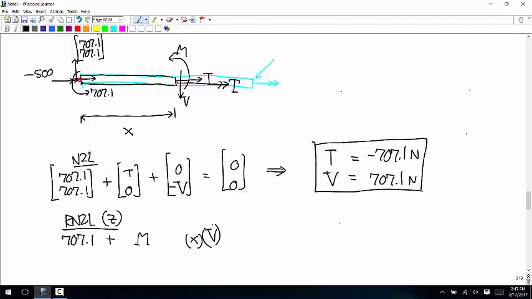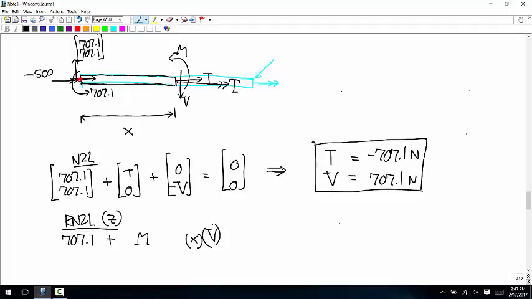So we have the moment arm of x times the magnitude of force V. And then if V was positive, would that make it rotate clockwise or counterclockwise around the about point? So here's V. If that number is positive, that's a downward force. Clockwise. You said that V was positive.